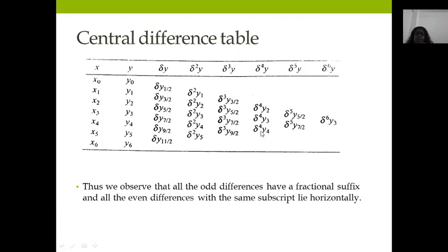So this representation of the central difference operator is termed the central difference table. I hope you understood the table; look at it carefully and understand it.